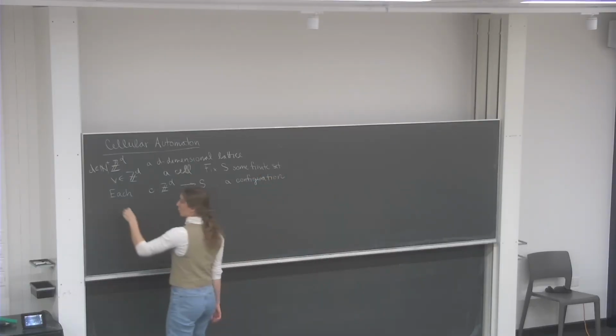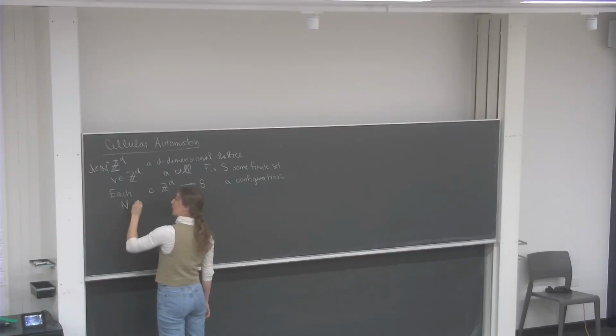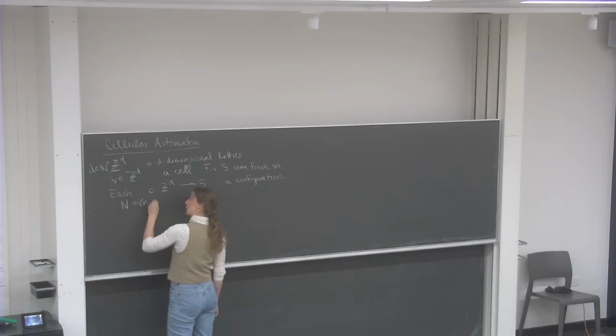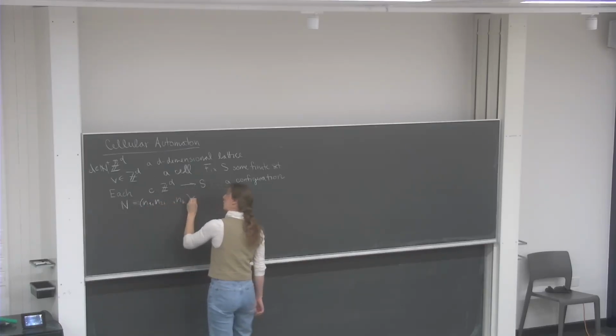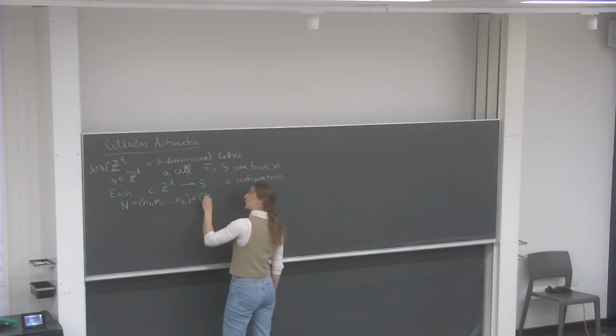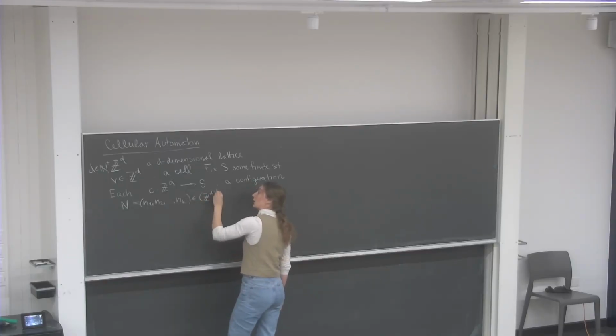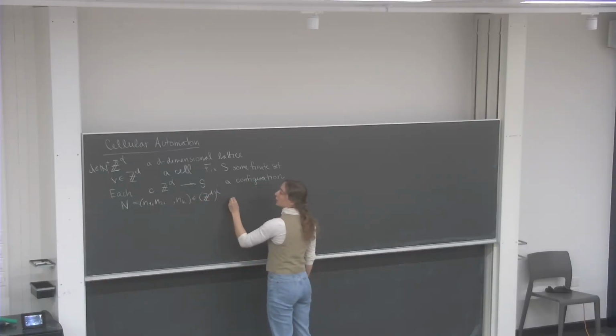Next piece of terminology. Let N be a k-tuple, an element of (Z to the D) to the K. This will be called a d-dimensional neighborhood.